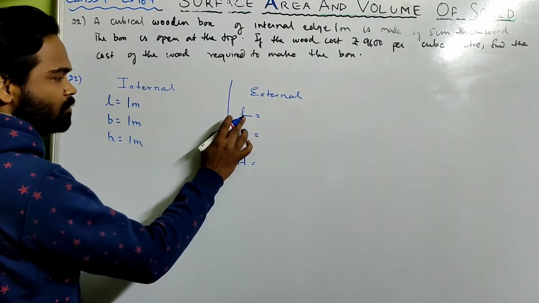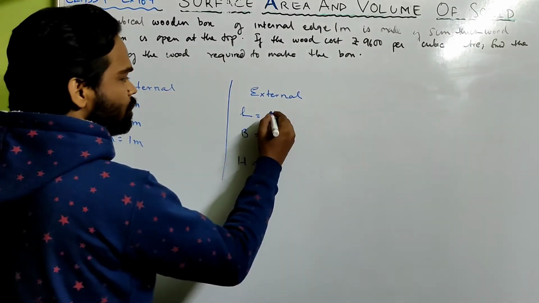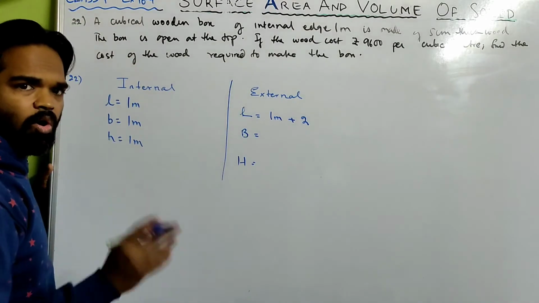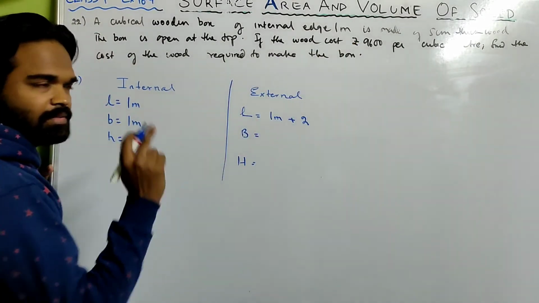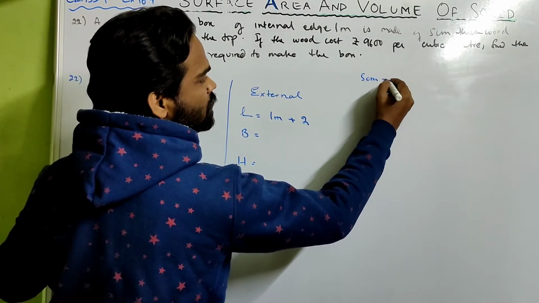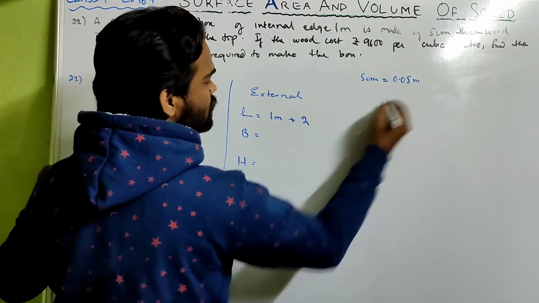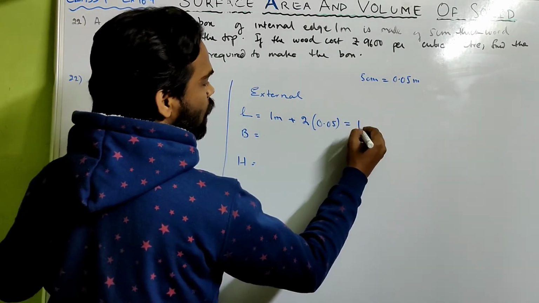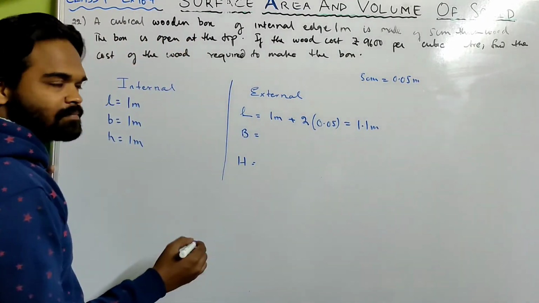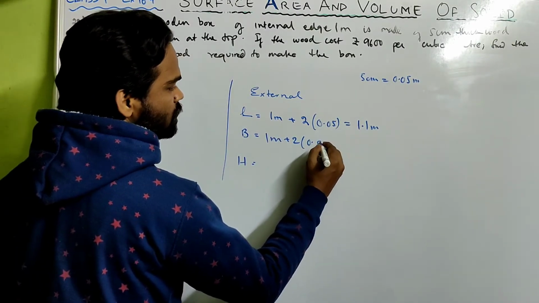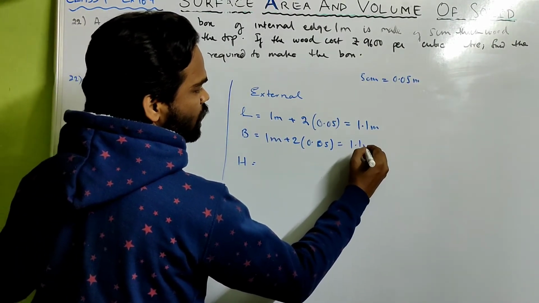First of all, when it comes to length, 1 meter plus twice the thickness of the wood, that is 5 centimeter, which is 0.05 meter. So twice into 0.05, that's 1.1 meter. Similarly, breadth will be 1 meter plus twice the thickness, that's 1.1 meter.